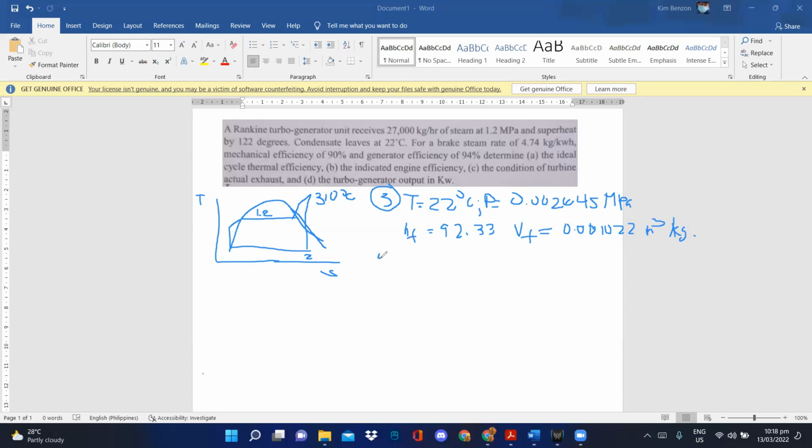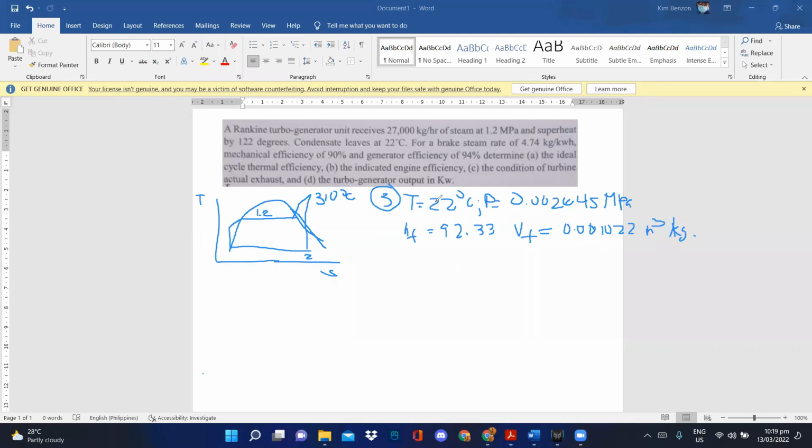Now, at state point 4, we find the H at state point 4. At state point 4, we have your H4 equals work ng pump plus H3, which is equivalent to... mali pala aking H4, wala pa pala tayong work ng pump.